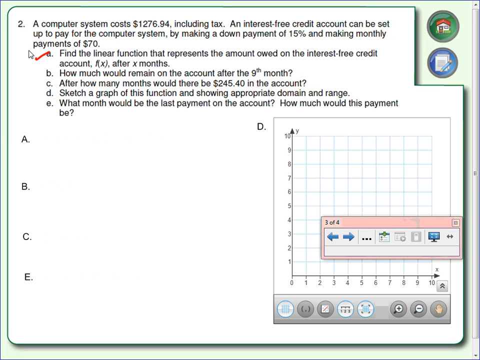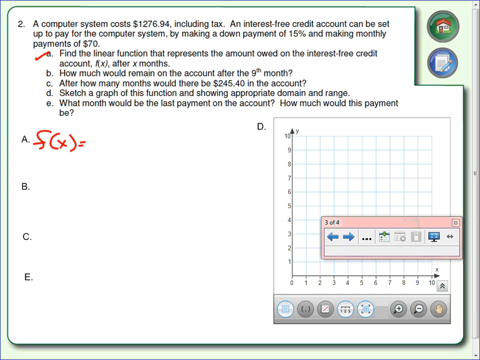So we're going to use x to represent the number of months. We're going to use f of x to represent how much money is still owed. So here we go. f of x, that's how much money we owe.